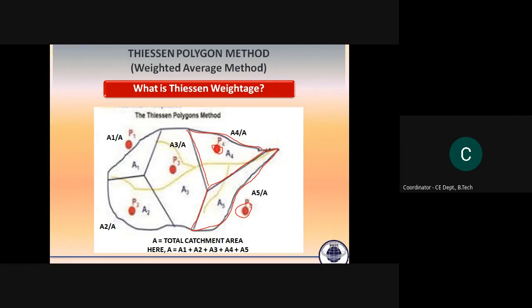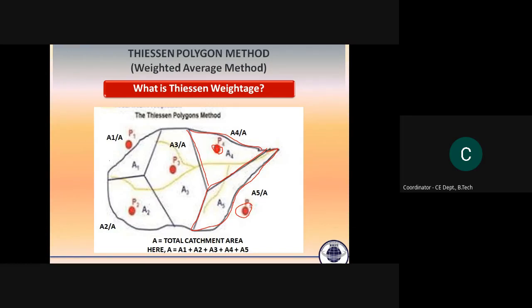Once we know the area and also the total area of the catchment, then what is the Thiessen weightage? Thiessen weightage is nothing but the ratio of each polygon area divided by the total catchment area.